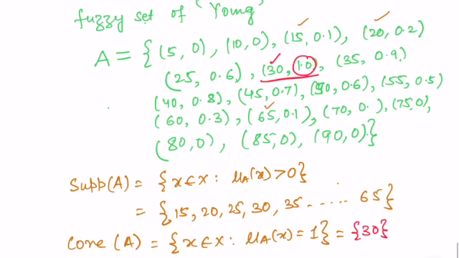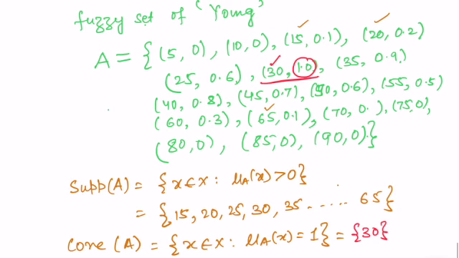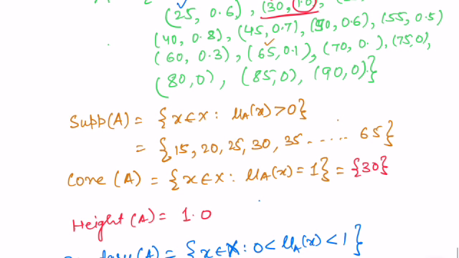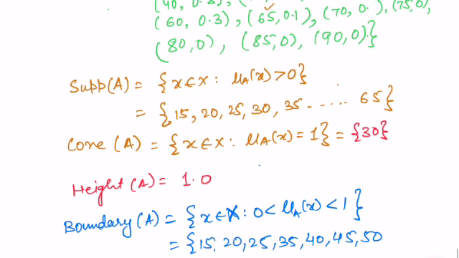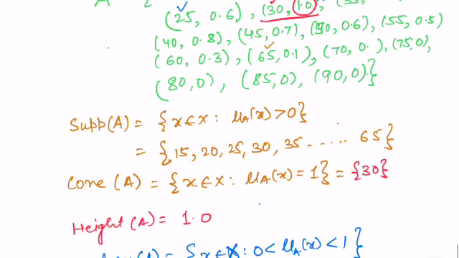So we have 15, 20, 25, and we won't include 30 because it is 1. Then 35, 40, 45, 50, 55, 60, and 65 with 0.1 value. We won't be taking 70 because it is 0, and likewise 75, 80, 85, and 90 are all 0.